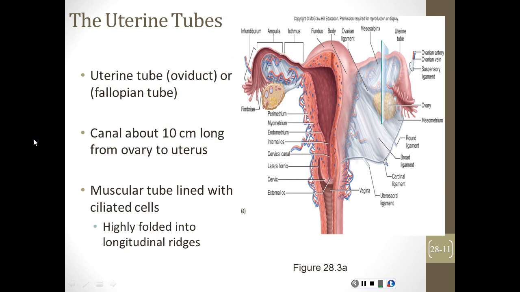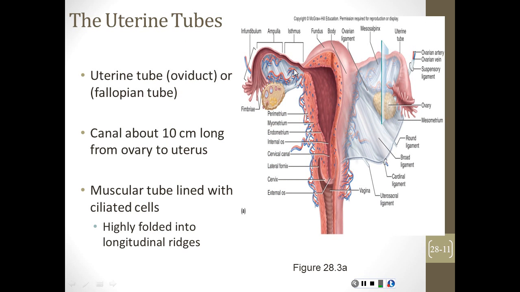Let's go on to the uterine tubes. That was just our ovaries. Now we're looking at our uterine tubes. The uterine tubes, also called the fallopian tubes, as you heard me say earlier, are little canals approximately 10 centimeters long, leading from the ovaries on one side to the uterus.